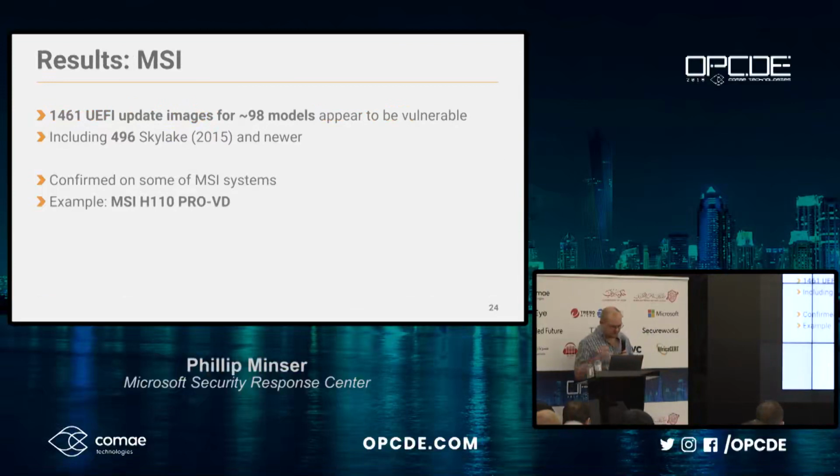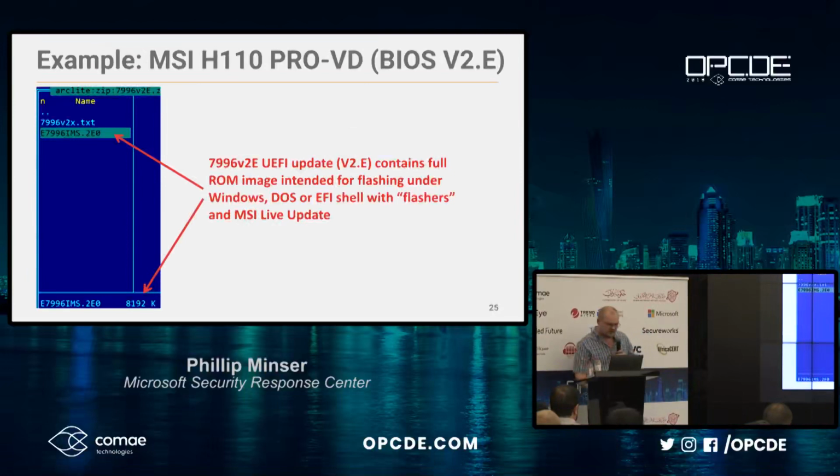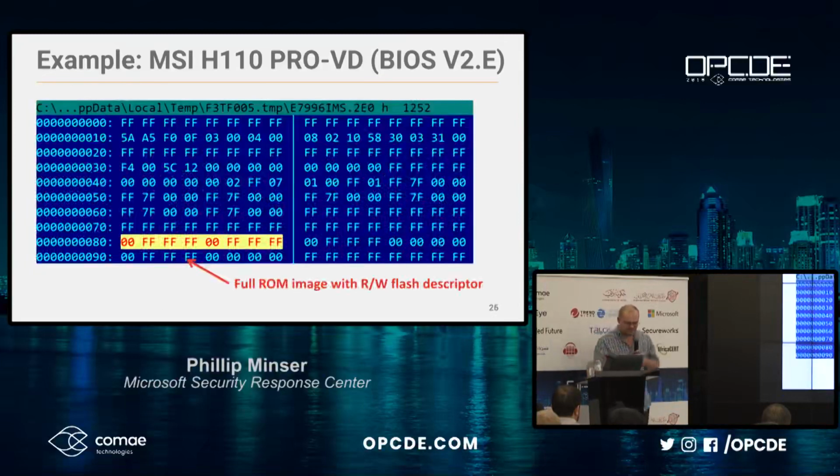MSI, almost all of the systems are vulnerable. We verified one example on one of the systems. Here is how we manually check it. We check the image, the characteristics of the flash descriptor, as I already mentioned. You can check it manually or with chipsec.